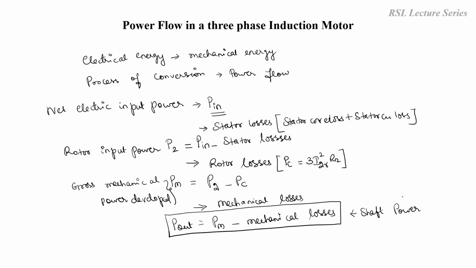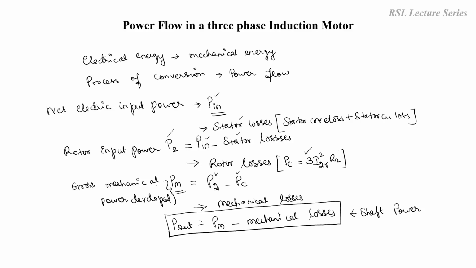Initially an electrical input is given to the stator. This has to supply the stator losses, so the electrical input power minus the stator losses will be given to the rotor. This is represented as P2, which is nothing but the rotor input power. Now this P2 has to supply the rotor losses, which is nothing but the rotor copper loss, because rotor core loss is considered negligible. So P2 minus PC, the remaining power PM, is the gross mechanical power developed in the motor.